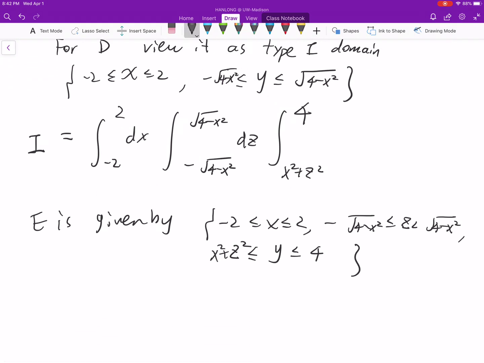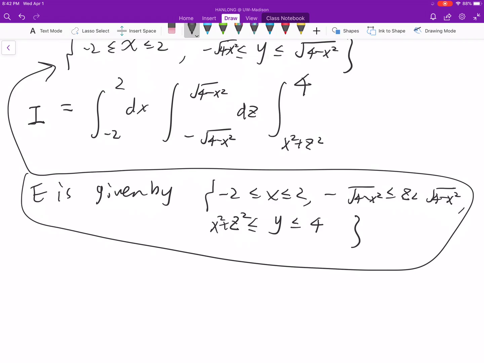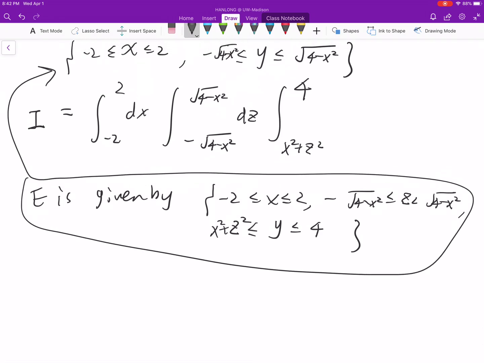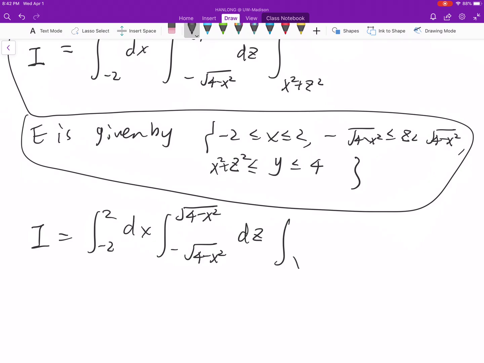Okay, now we move this up before the evaluation of I, and then we have I equals the integral from negative 2 to 2 dx, negative square root of 4 minus x squared to square root of 4 minus x squared dz, and x squared plus z squared to 4 dy, and then inside the integrand x squared plus z squared.